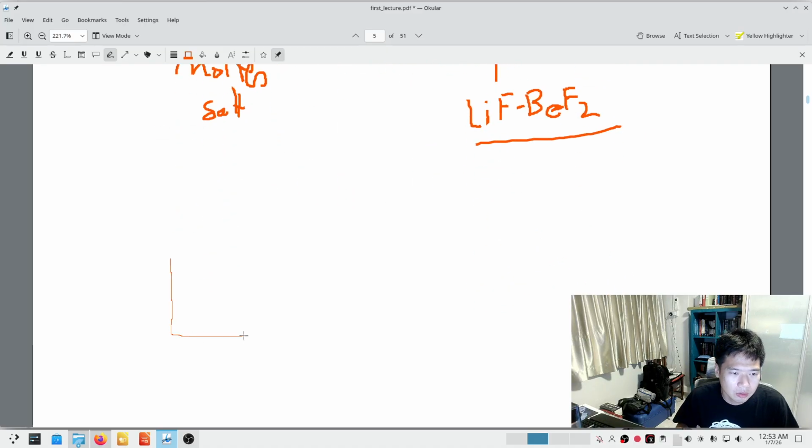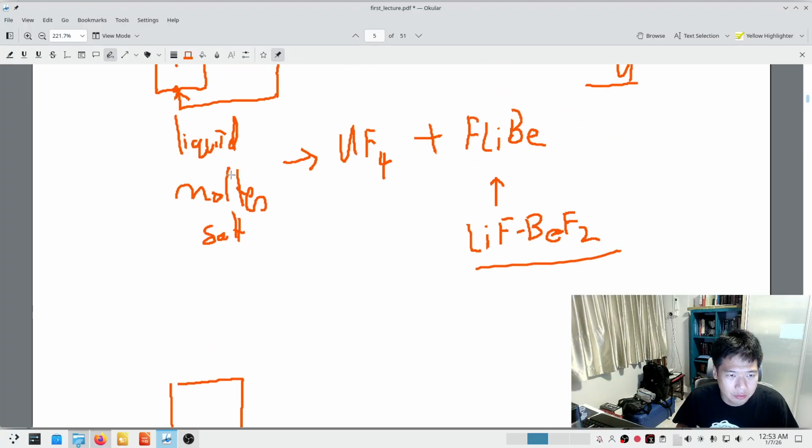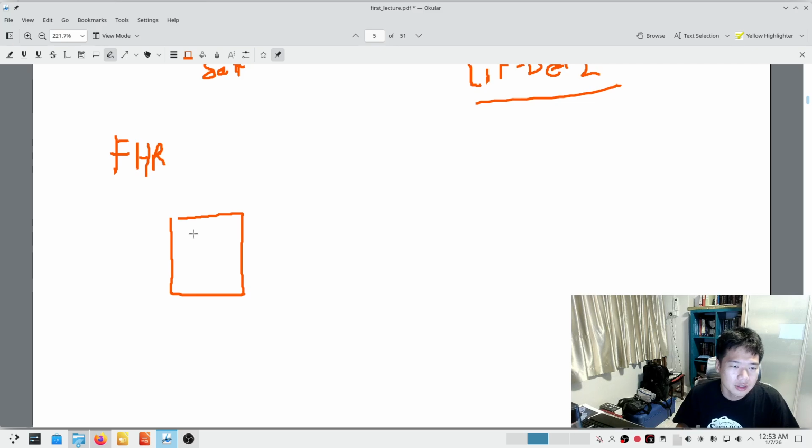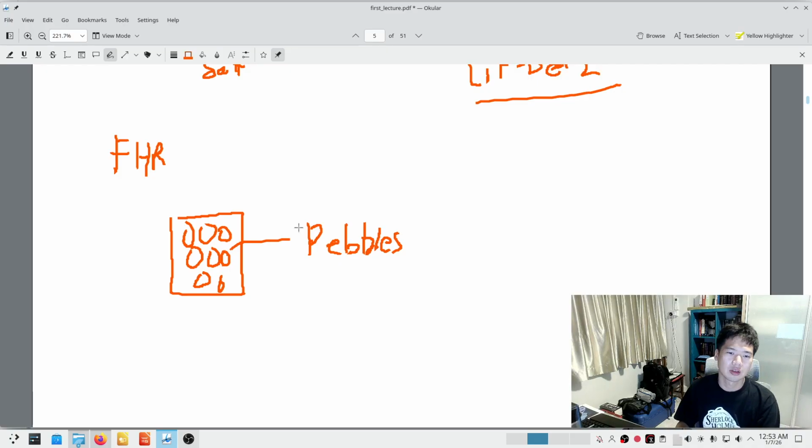The fluoride salt-cooled high-temperature reactor is slightly different from this liquid molten salt reactor design. It is basically using a pebble bed, a bed of pebbles with uranium inside.